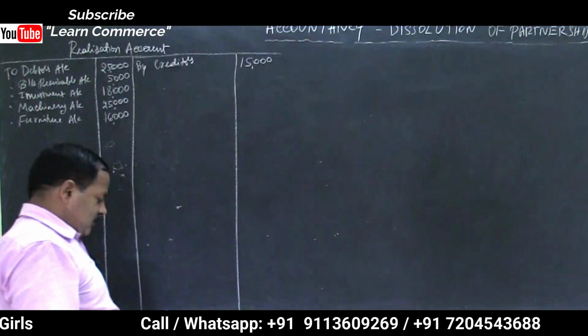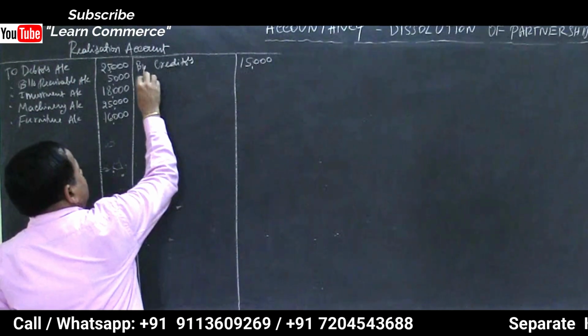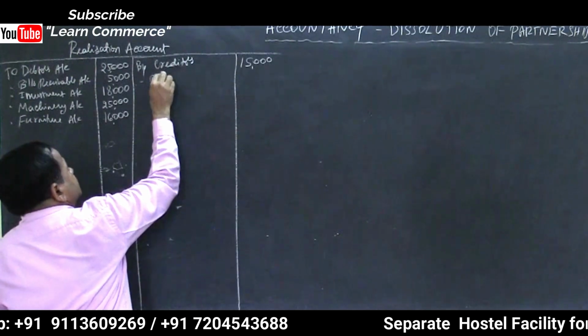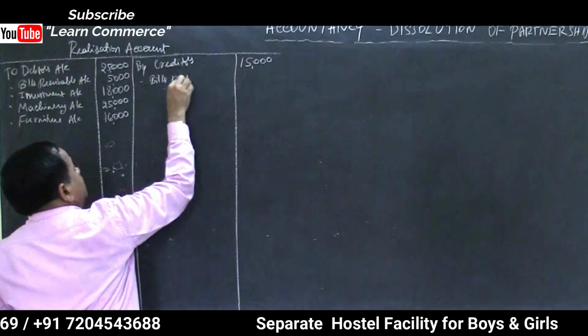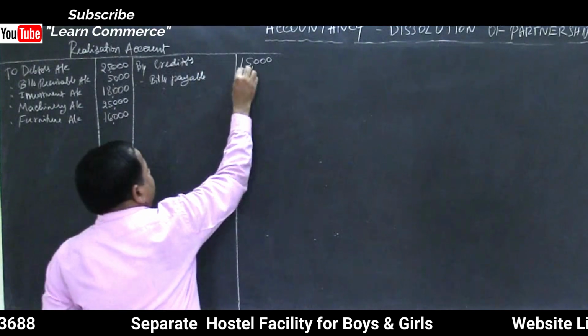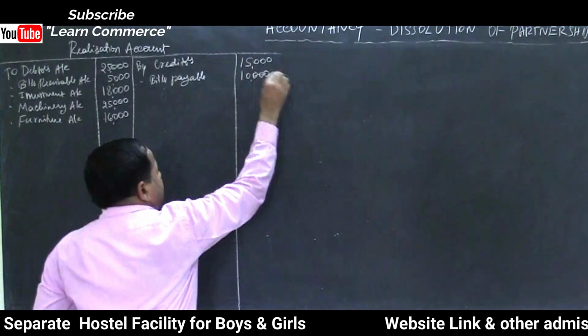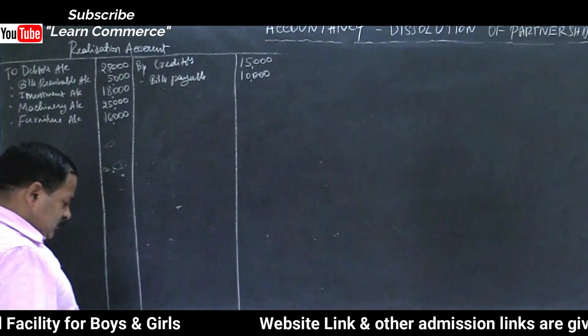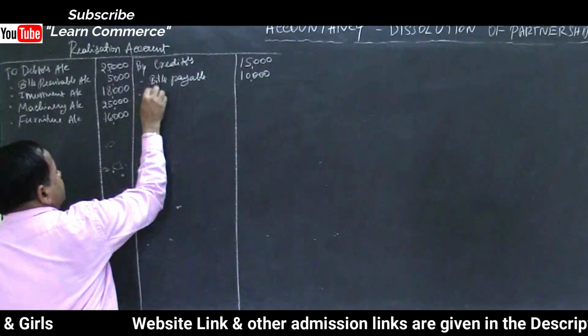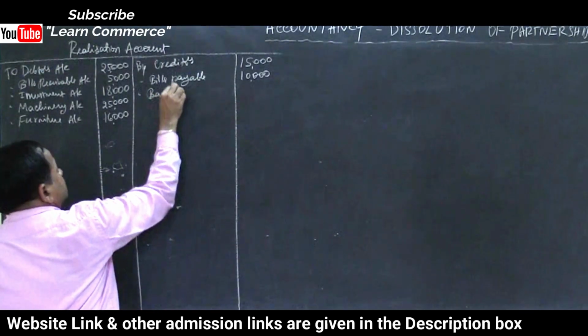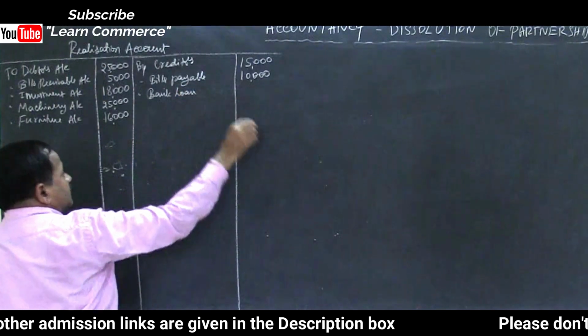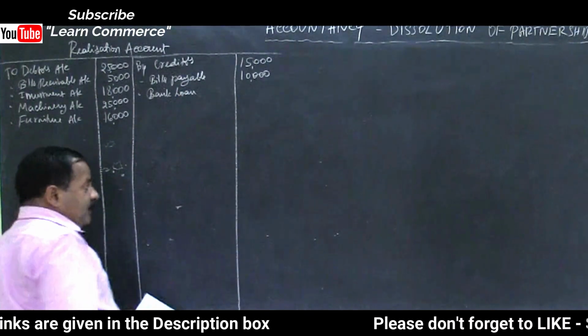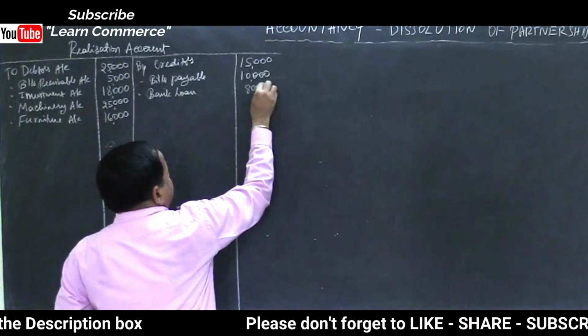Then bills payable, by bills payable, 10,000, right? Then bank loan is there. How much is it? 8,000.